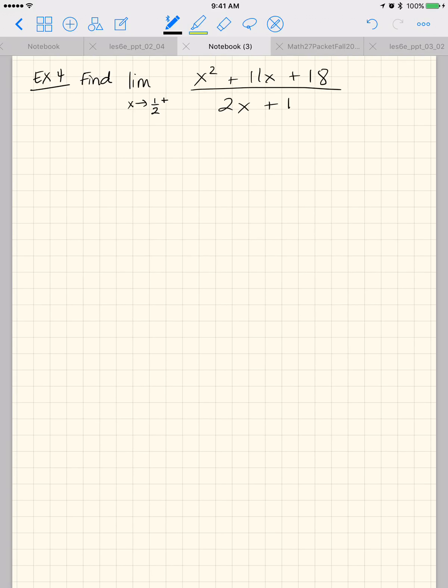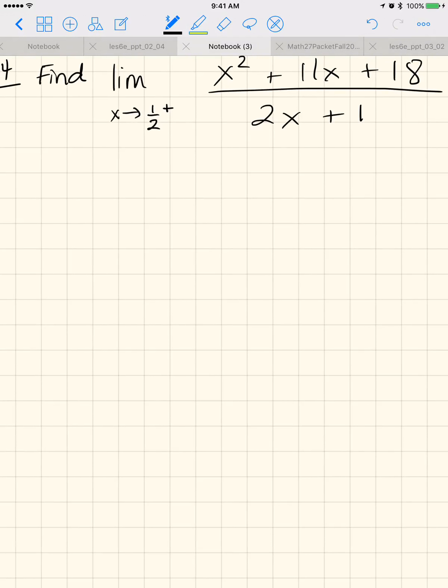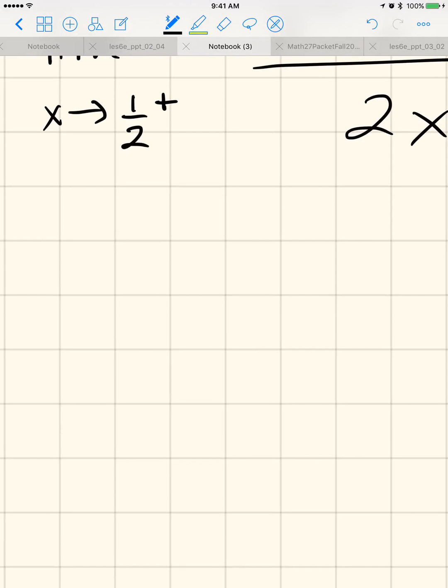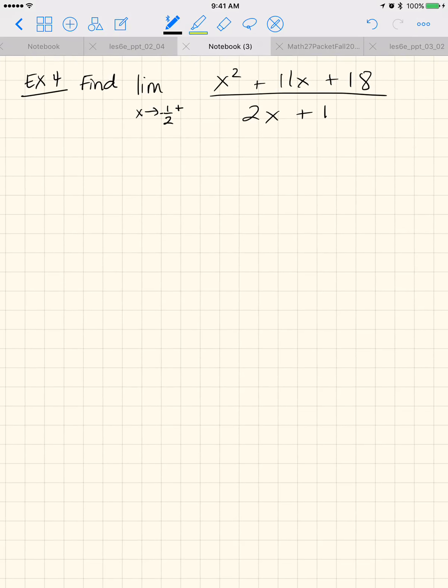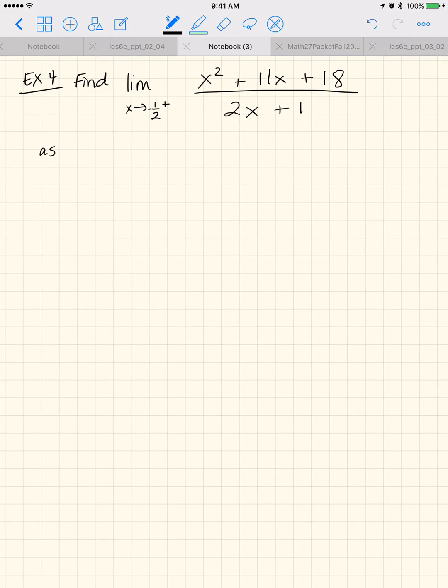Or actually, sorry, this should be as x approaches negative 1/2 from the right. That's what this notation means.